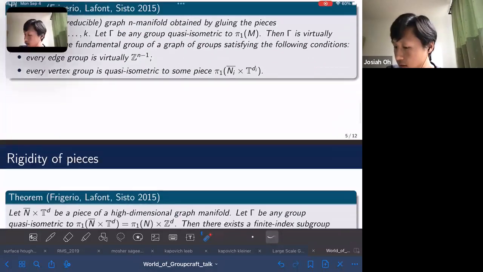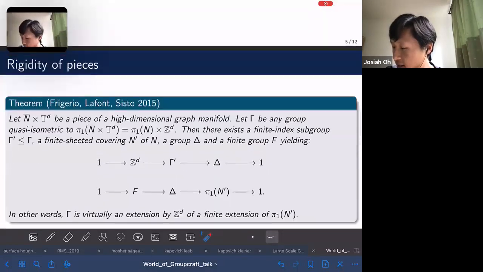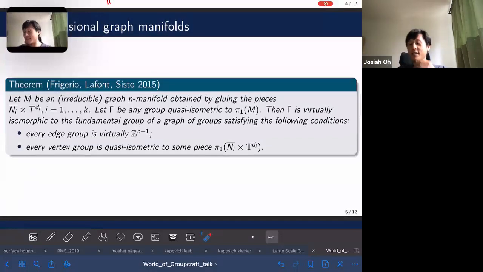All right. A common technique that's used to prove QI rigidity when you're dealing with manifolds is, if you have some group that's quasi-isometric to the fundamental group, you're going to get a quasi-action on the universal cover of that manifold.